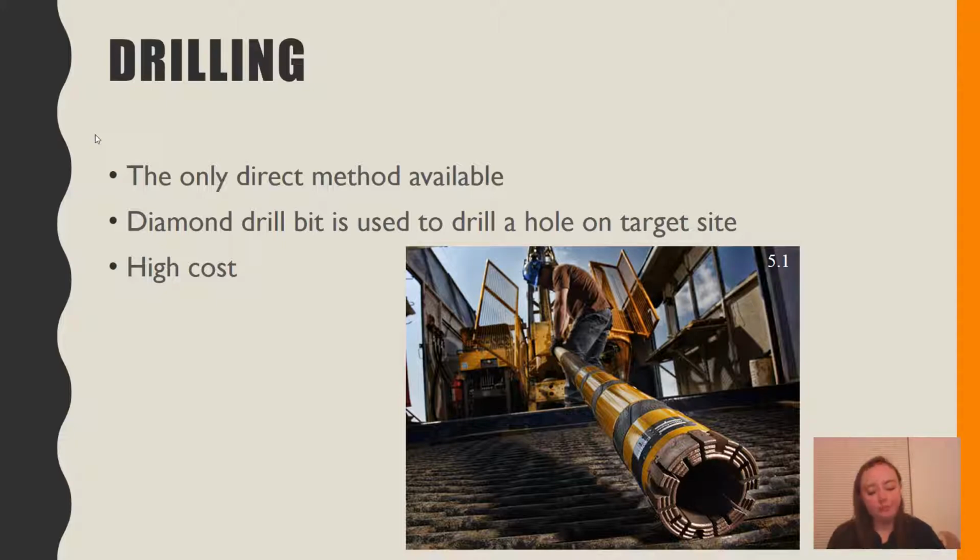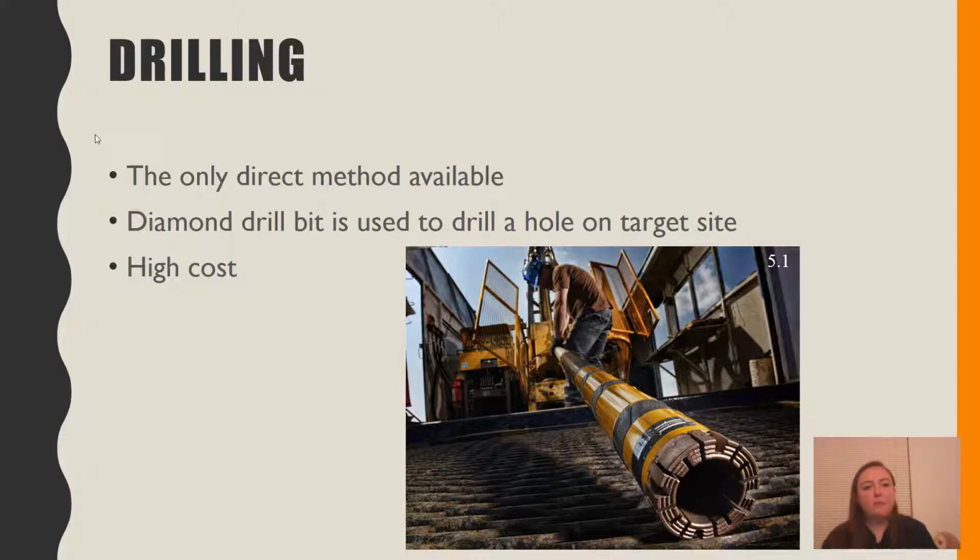Next, we have drilling. The geophysical and geochemical methods are indirect methods of exploration and cannot prove whether the targeted deposit is viable or not. So drilling is the only method available to determine this. The process uses a diamond drill bit to drill down to the deposit.